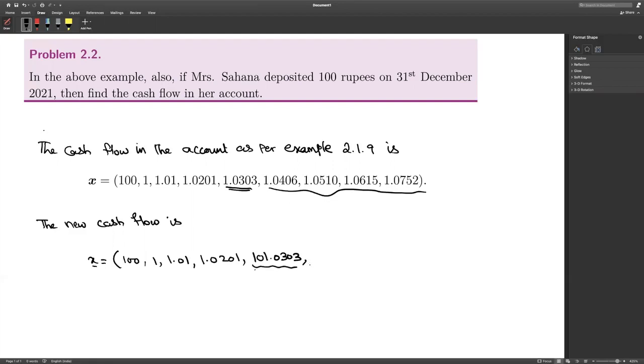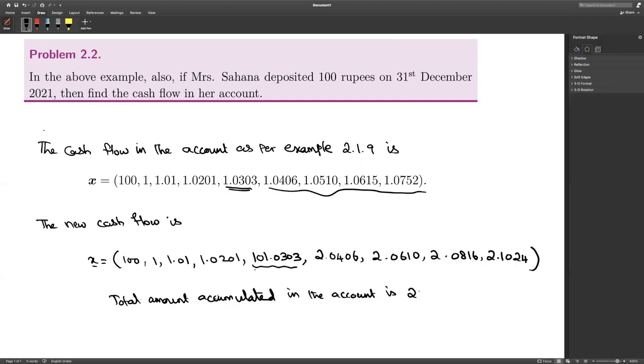Therefore, we will have 2.0406 as the next cash flow, and then you have 2.0610, and 2.0816, and finally you have 2.1024 as the amount. And at the end of 2022, the total amount accumulated in the savings scheme is 212 rupees 35 paise.